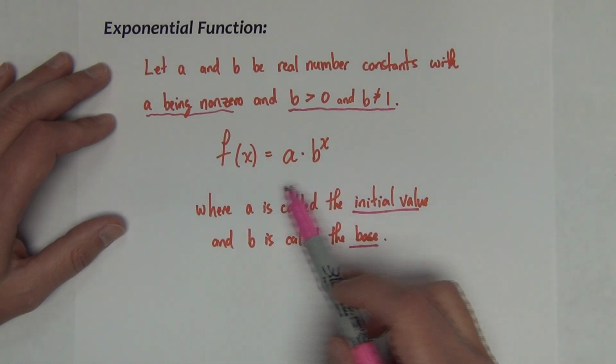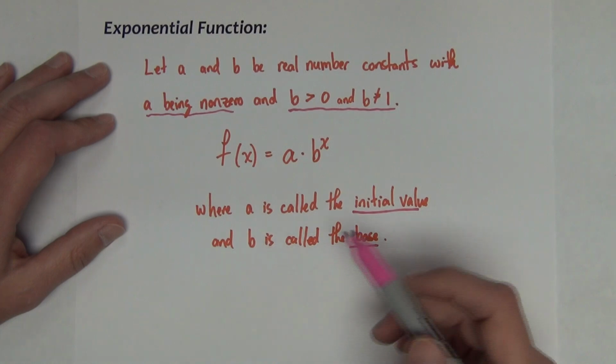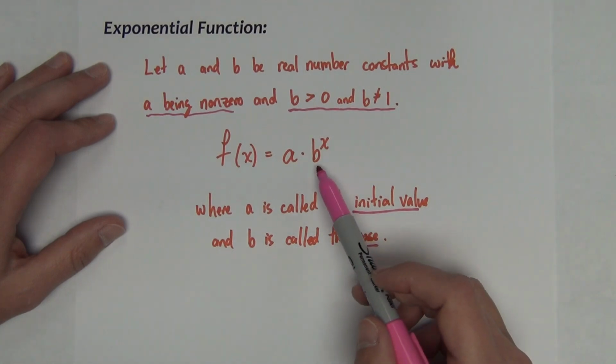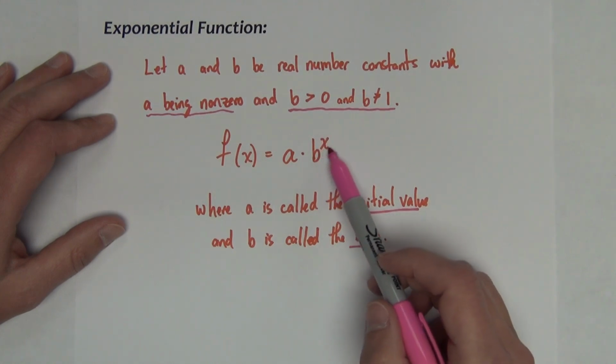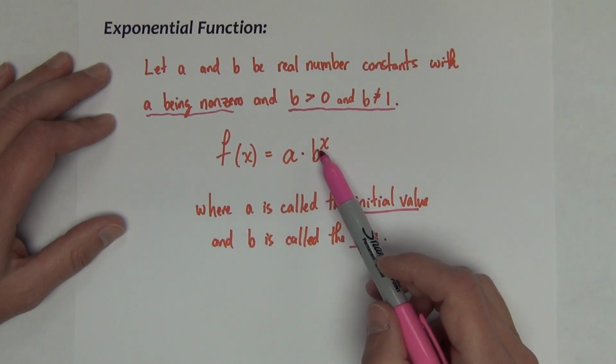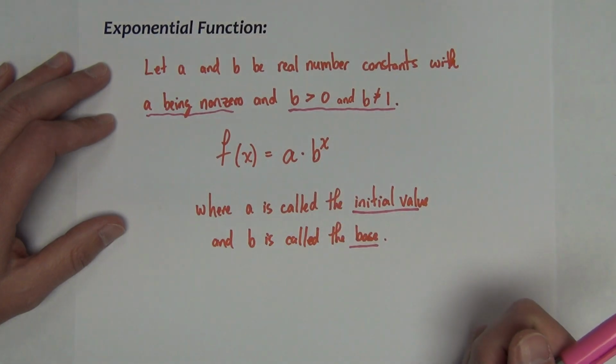Most notably, you see what's different about this function than some polynomial functions we've seen in the past, because the polynomial functions do involve exponents, but here the role of the independent variable x has been flipped from the polynomial functions we've seen in previous chapters, where here the x, the independent variable, is the exponent instead of being the base as we've seen in the past.